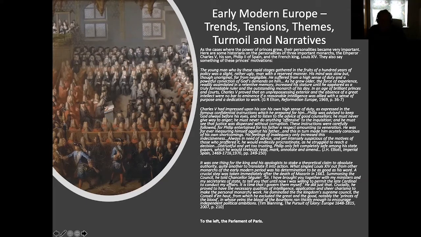Louis XIV was probably less like that, but it's still interesting to read this. It was one thing for the king and his apologists to stake a theoretical claim to absolute authority, quite another to translate it into action. What singled Louis XIV out from other monarchs of the early modern period was his determination to be as good as his word.